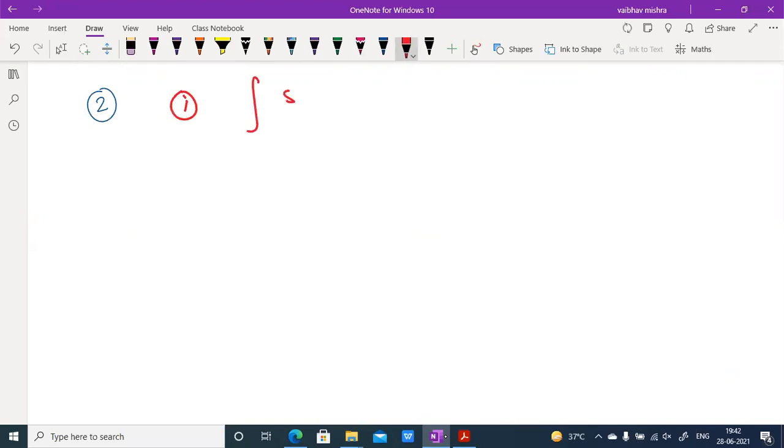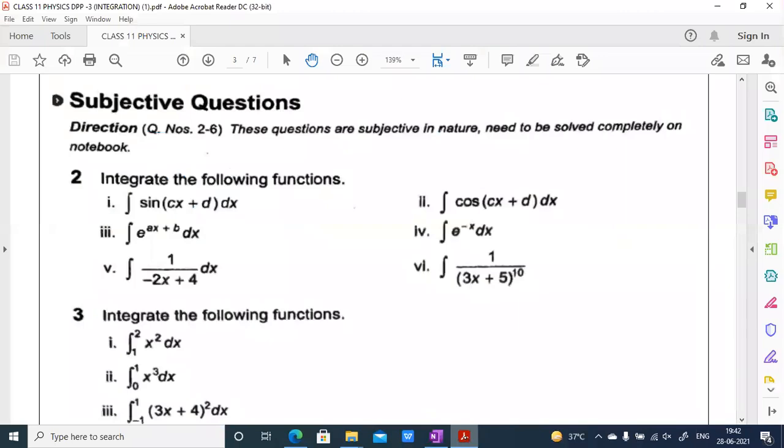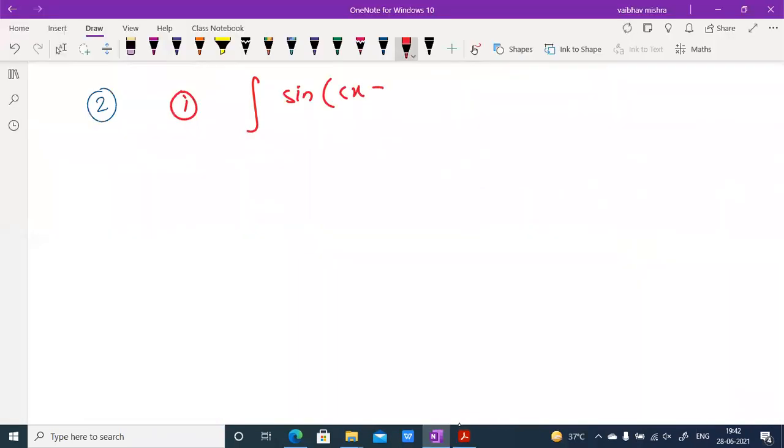Integration of sin cx plus d times dx. Adhika, what should be the answer? Sin x integration is minus cos x.